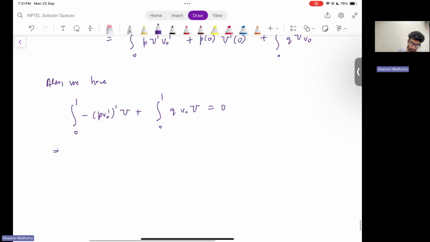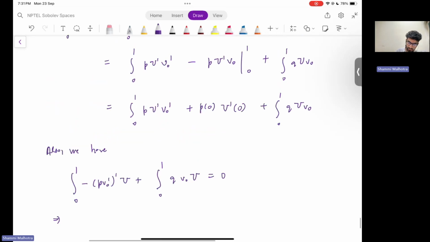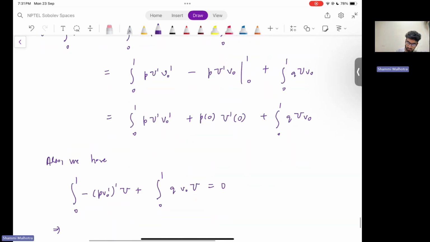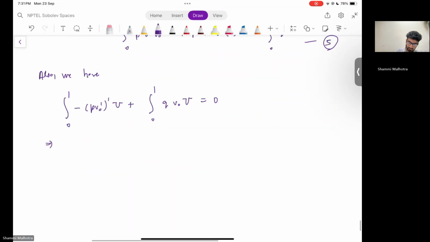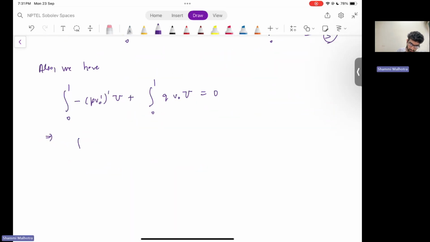And then integrating by parts, let's name this (5), we have the integral from 0 to 1 of p v naught' u', and minus p v naught' u evaluated at 1 and 0.